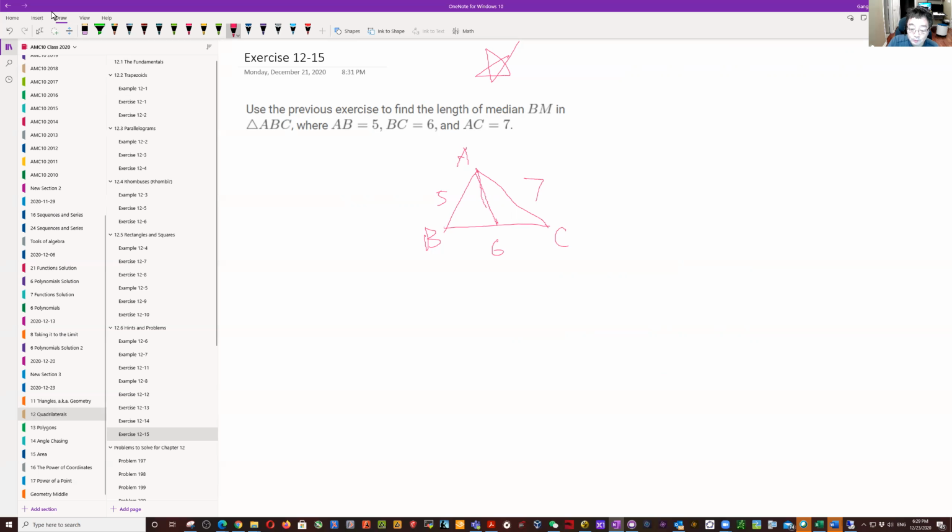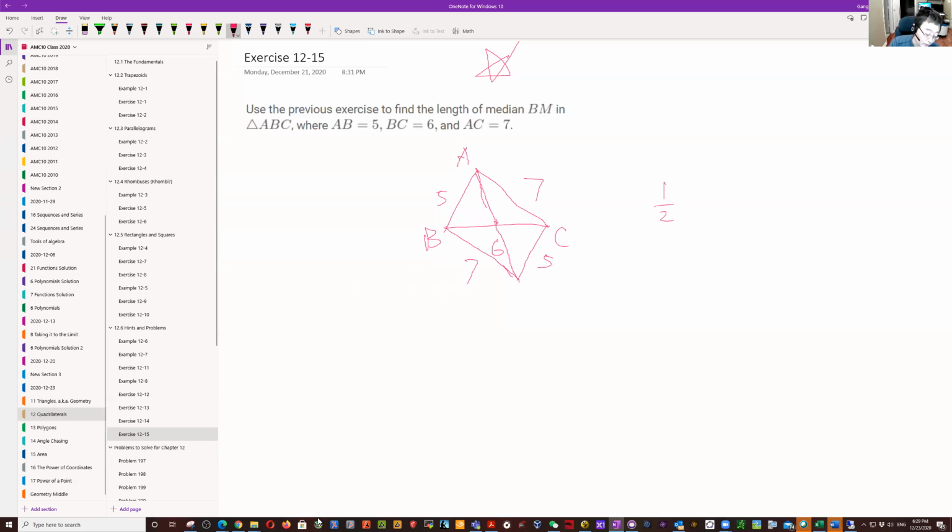You can expand this triangle into a parallelogram by just doubling it. So if you're doubling it, 5 and 7 become the sides of the parallelogram. And this 6 is diagonal 1. And the median is just 1/2 of diagonal 2. So let's try to calculate it.